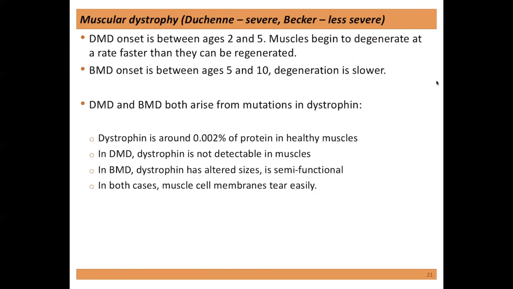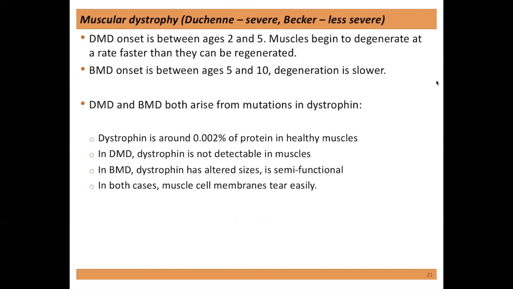So there are two types of muscular dystrophy. Actually, there are many subtypes, but you have Duchenne, I believe is how it's pronounced, which is severe, and Becker, which is less severe. In Duchenne, DMD, the onset is early, between ages 2 and 5, and the muscles begin to degenerate at a rate faster than they can be regenerated.